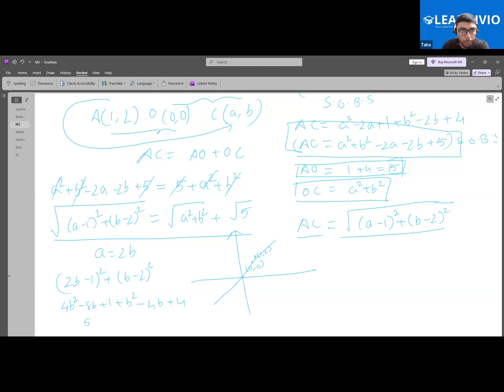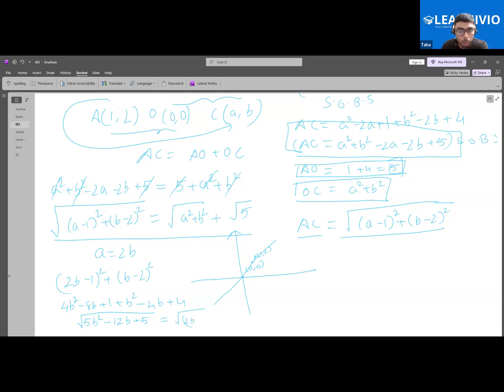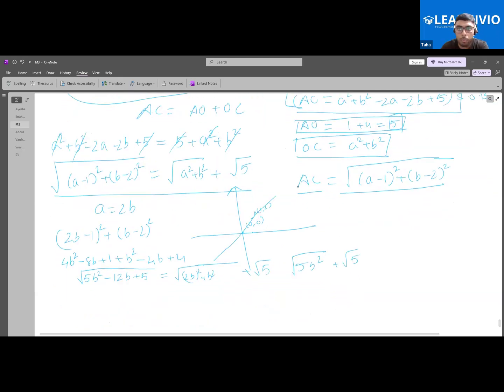This would be 5b square minus 12b plus 5 whole root is equals to 2b whole square plus b square plus root 5. 4b 5b square plus root 5.